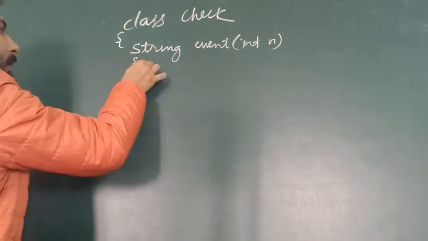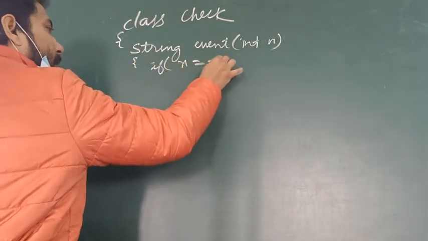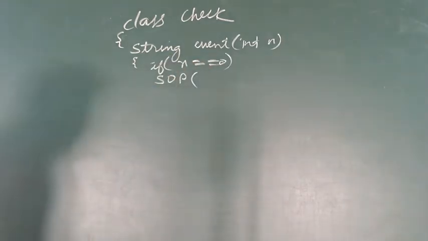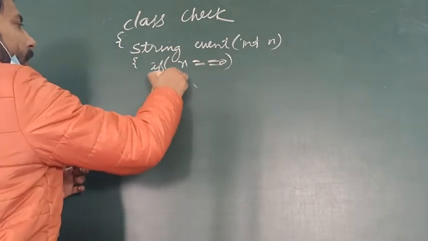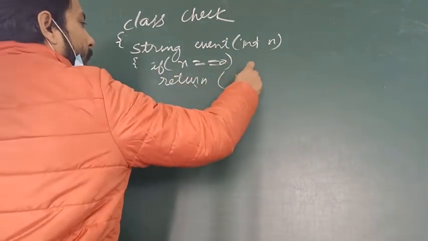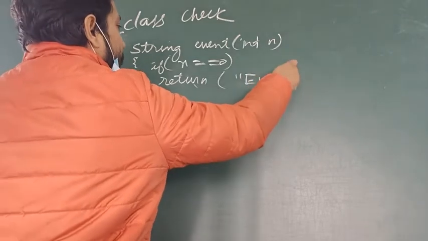If n is equal to 0, then what do we print, System.out.print? No, we will return this. We will return the number is even. Return of even.